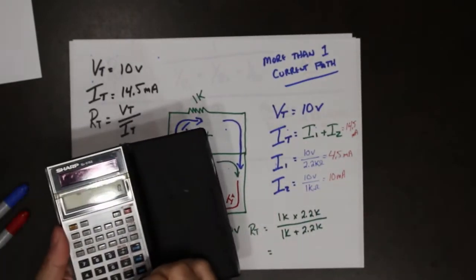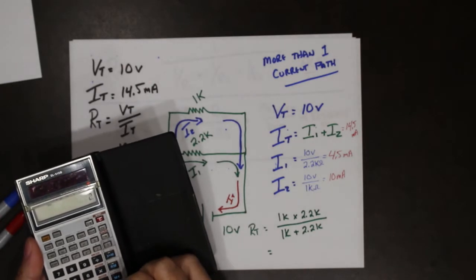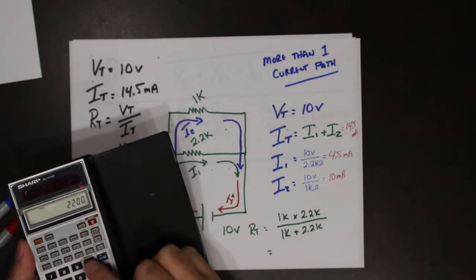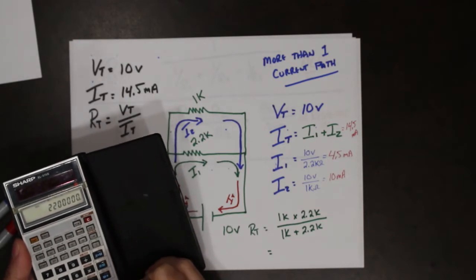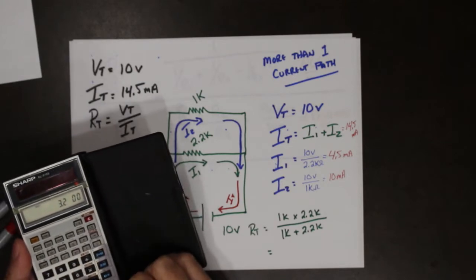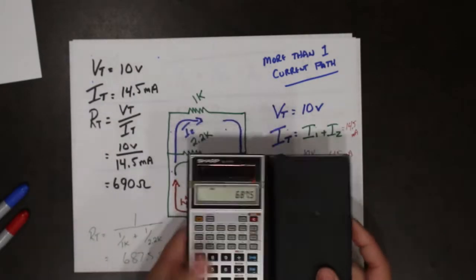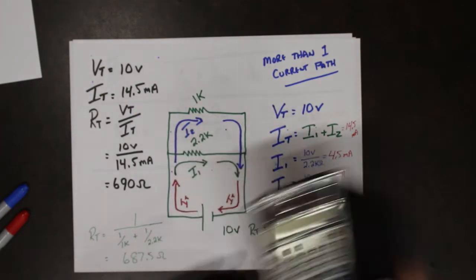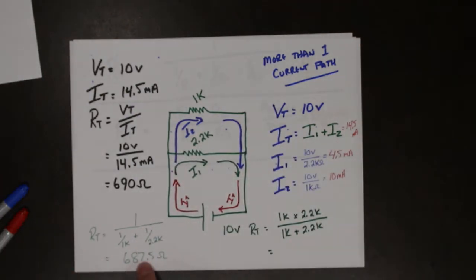So we got 1,000 times 2.2 thousand divided by 3.2 thousand equals 687.5. Exactly the same as this.